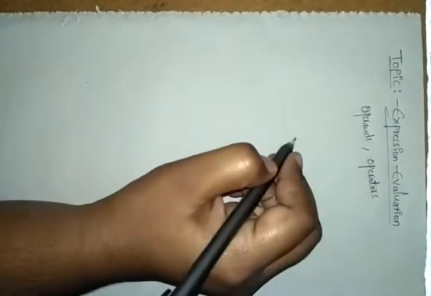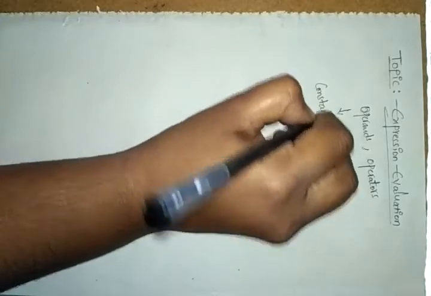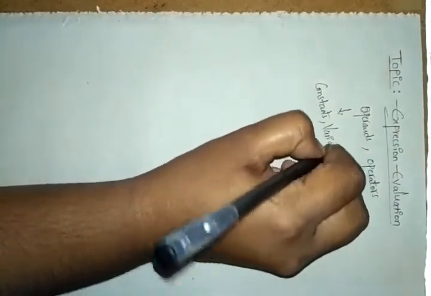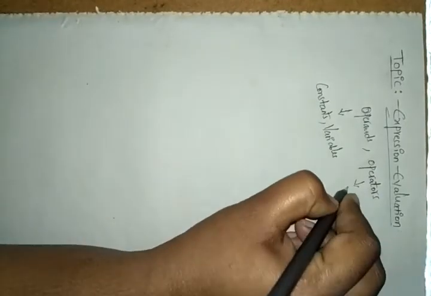The operands are constants and variables, and for operators we have a total of 8 operators: arithmetic, relational, logical, assignment, increment and decrement, conditional operator, bitwise operators, and special operators.